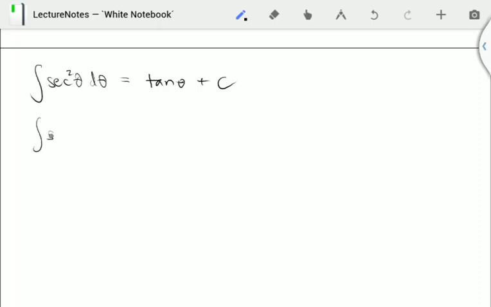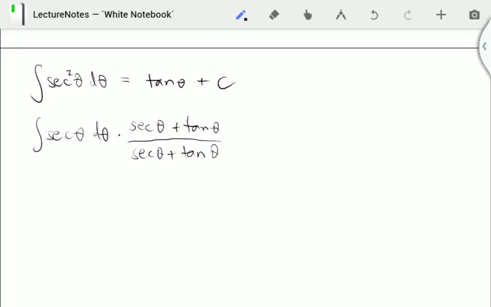So the integral of sec theta d theta. How do we do that? One trick that we can do here: of course you can write this as 1 over cos, and then write it in terms of sine and so on, but it's harder. What you want to do is multiply this by the term sec theta plus tan theta over sec theta plus tan theta.